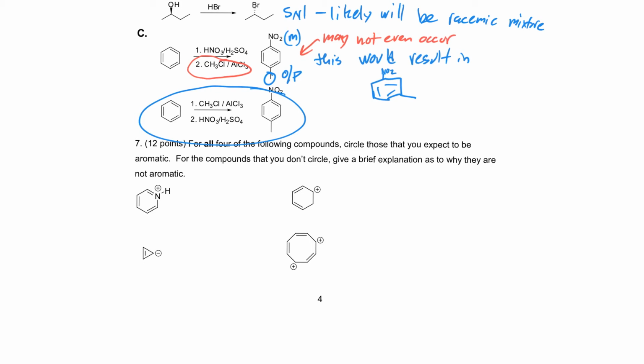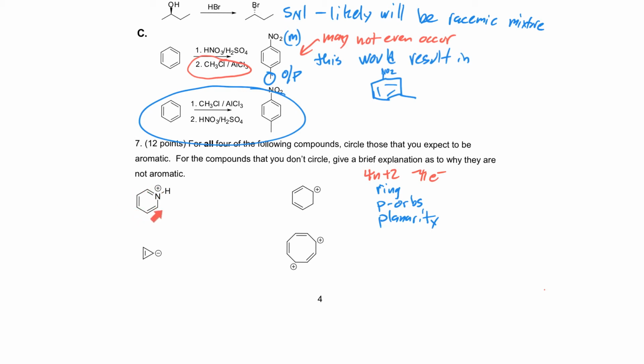All right, question 7. Circle those you expect to be aromatic, and if you don't circle them, tell me why. So we're looking for 4n plus 2 pi electrons, and we're looking for a ring, and we're looking for p orbitals all around that ring, and we're looking for planarity. So let's investigate these.